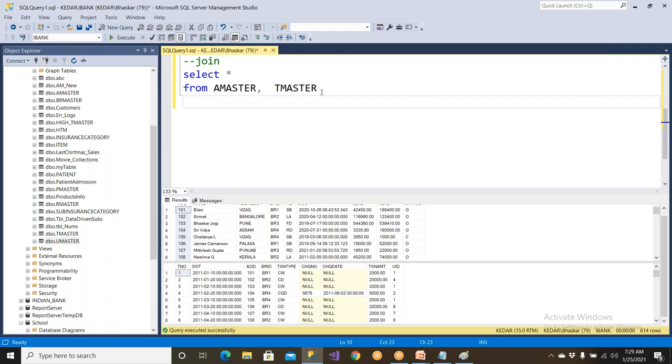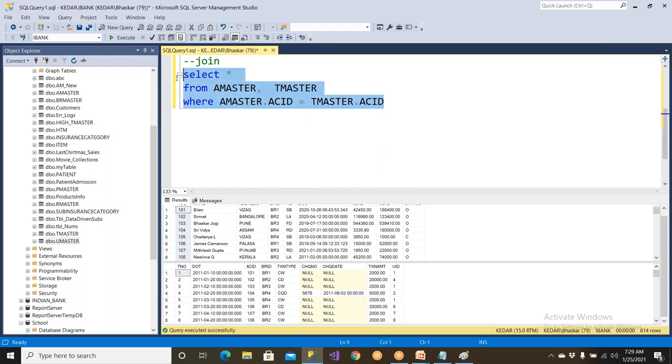And I have to join where table 1 dot primary key, account ID, is equivalent to table 2 dot foreign key, account ID. That's it.